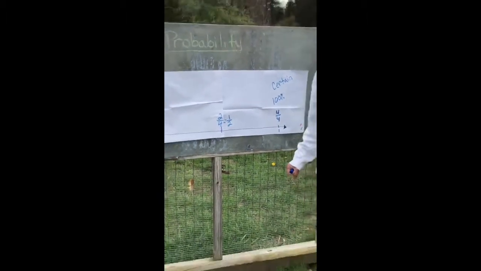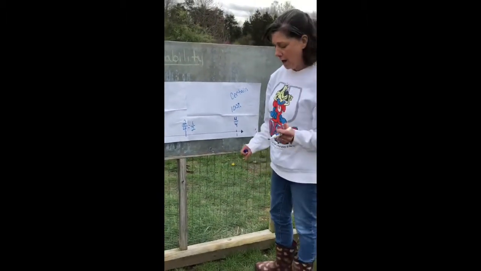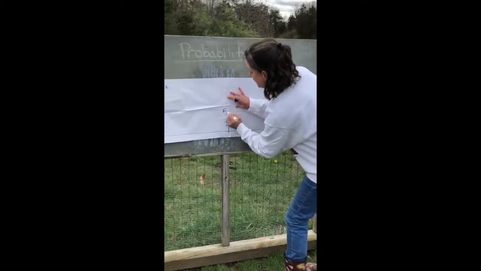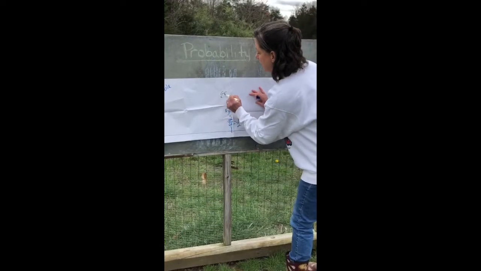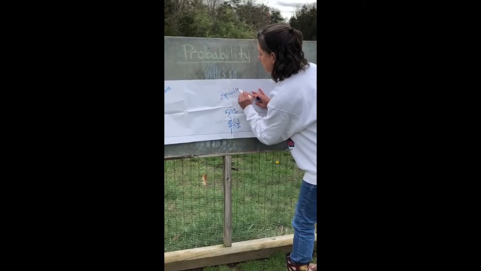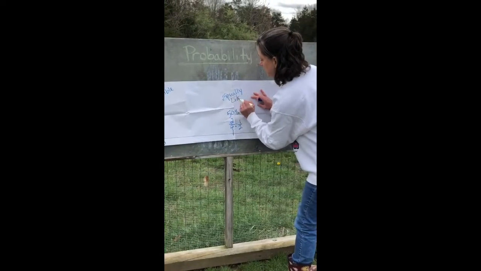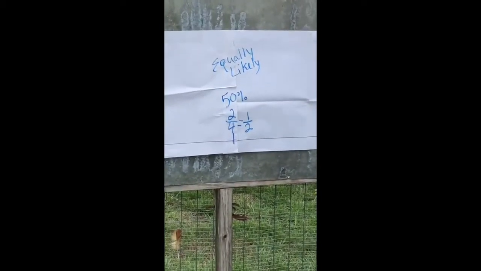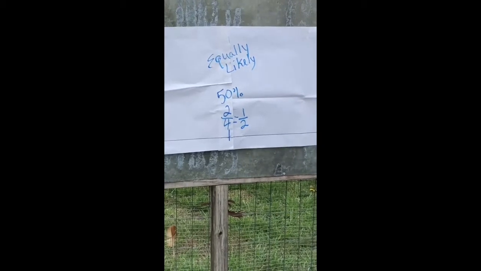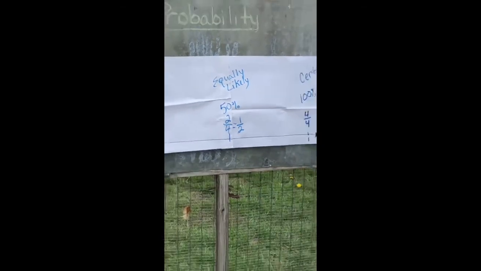This means that I have a 50% chance of picking a white egg. And since we have a 50% chance, we're going to call that equally likely. So when I pick, half the time I'm going to pick a white egg, the other half of the time I'm going to pick a brown egg.